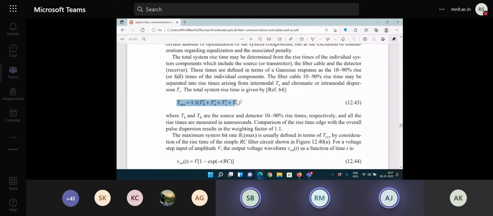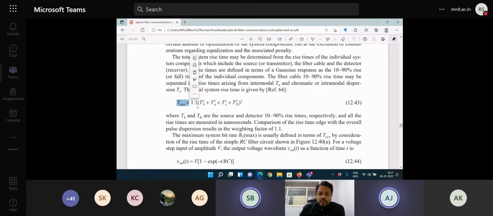So the total system rise time is given by the sum of four components here. TS refers to the source. D refers to the detector.